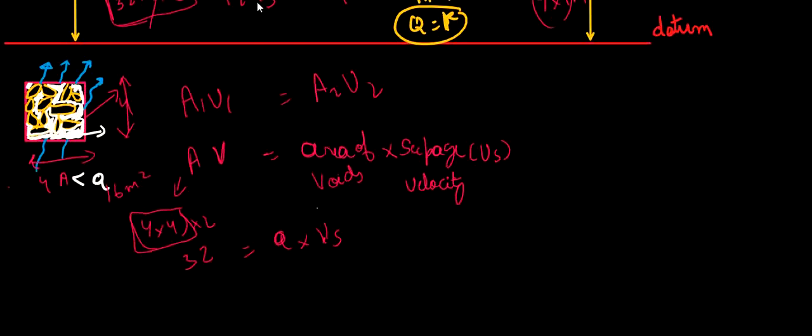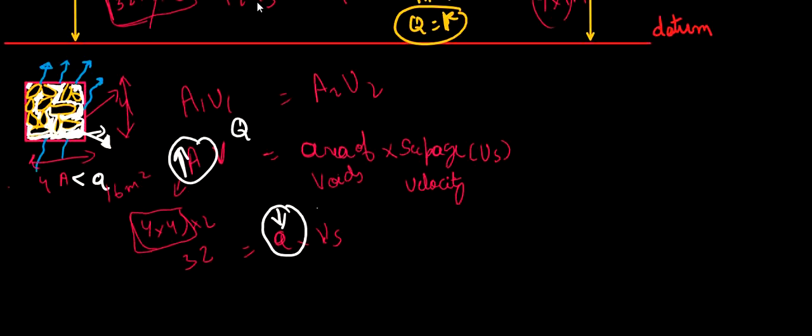Now this white region, we can clearly say that this area will be less than the total area, that is 16 meter square. So this area is less than this area. This A is more and this area is less. Also we know that Q is constant.